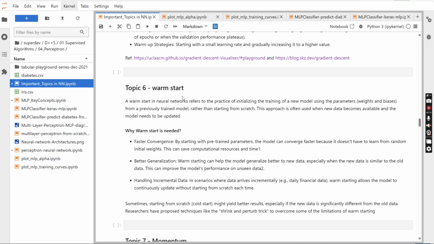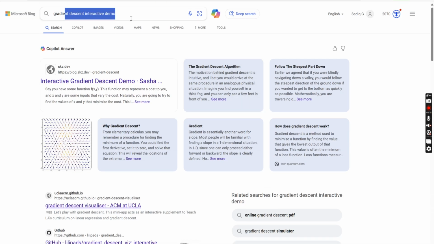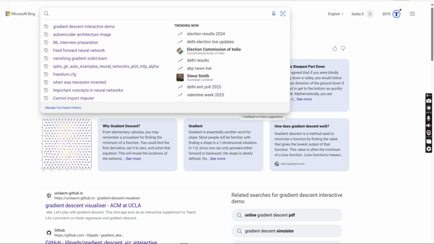Okay. Next is warm start. Think about it, there is a serious problem in training models. As MLOps engineers and data analysts, you should know this. Let's say you got the data, you trained the model, you did the prediction, you deployed the model, but tomorrow the trend changed. For example, hairstyles have changed over the period of time. There is a very good video made by someone on how hairstyles have changed; you can maybe Google it later.